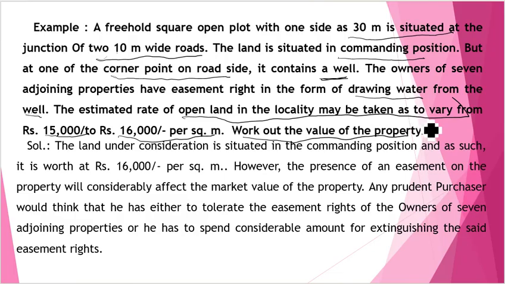Means the property is situated at the junction of two roads, but there is a well at this point from where owners of seven adjoining properties have easement right in the form of drawing water.